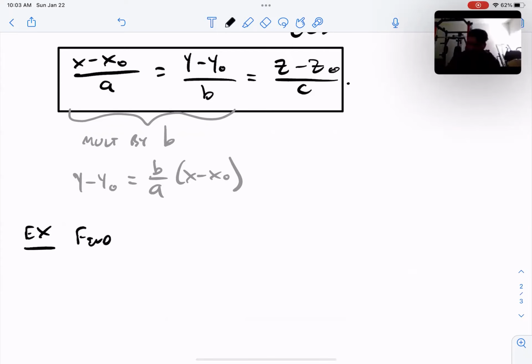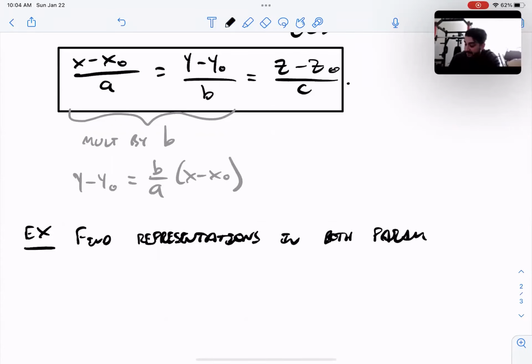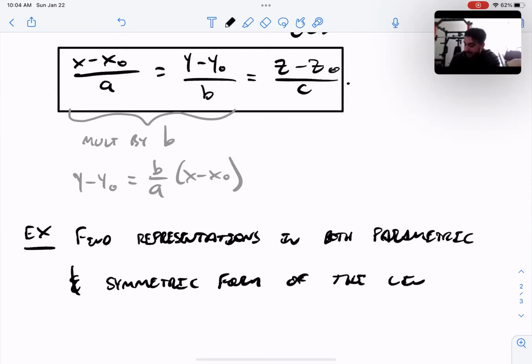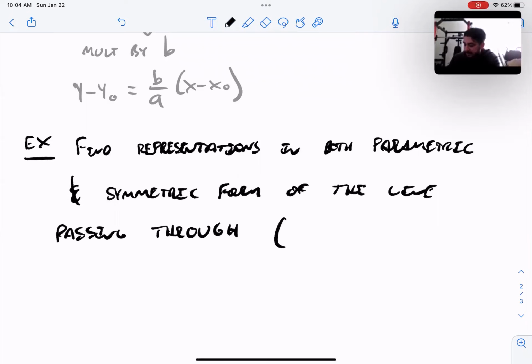Let's find representations in both parametric and in symmetric form of the line passing through the points, let's say (0, 1, 1) and (-1, 3, 2).